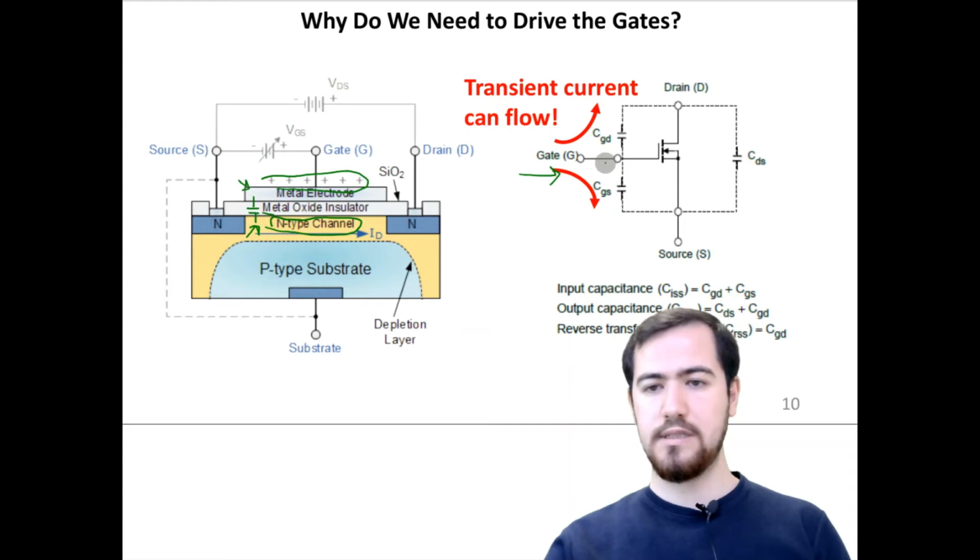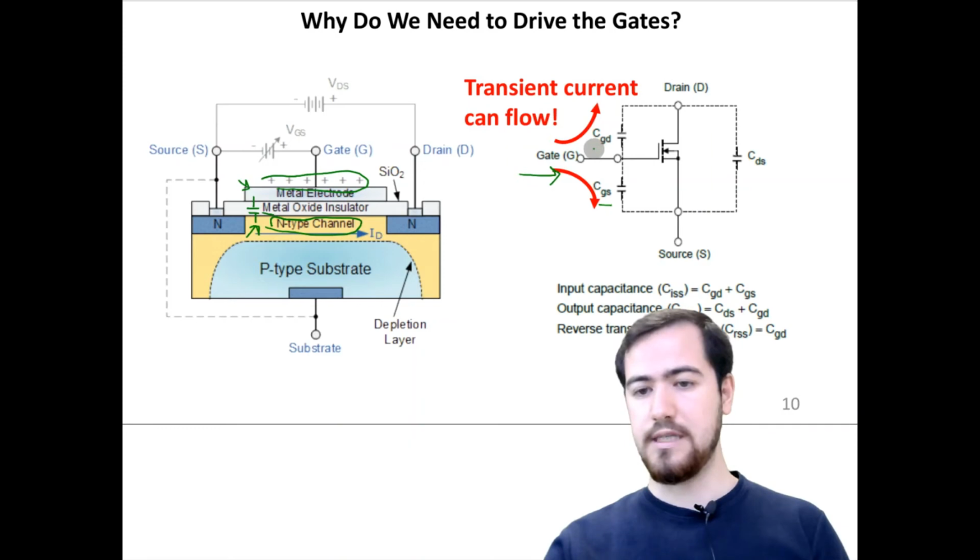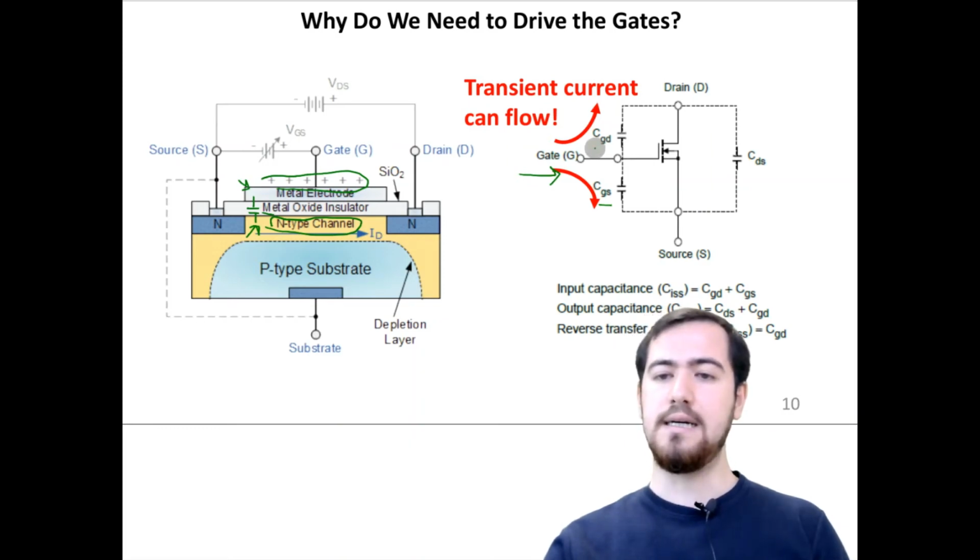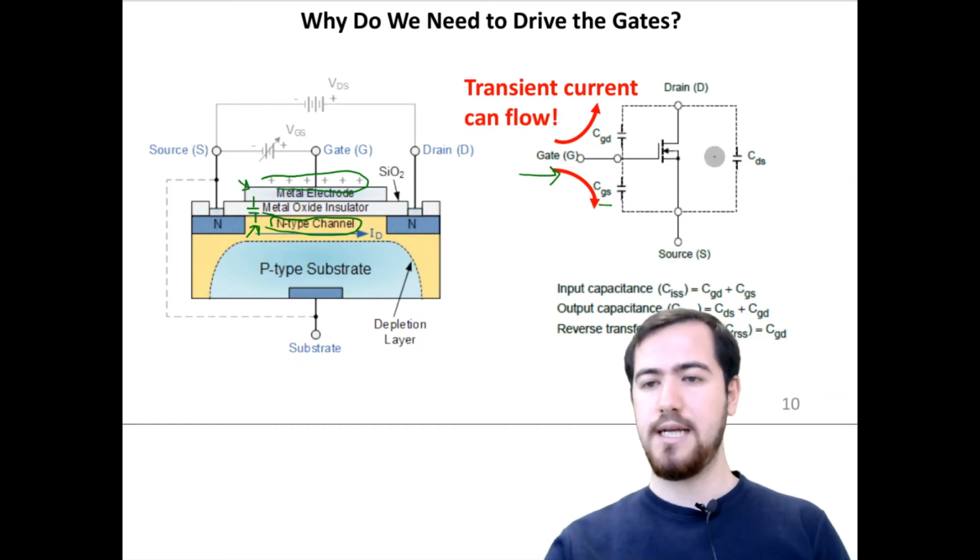We model this capacitive coupling from gate to source, and it is called CGS. We model the parasitic capacitance from gate to drain, and it is called CGD, which is named the Miller capacitance as well. And we have another capacitance from drain to source, called CDS.